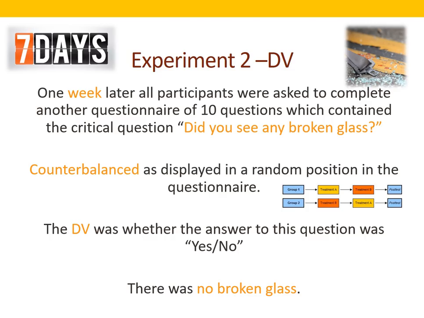Now again, this is counterbalanced, so it's displayed in a random position in the questionnaire. And the DV is whether they answered yes or no. Now the important thing is that in this clip that they're shown, there was no broken glass at all.